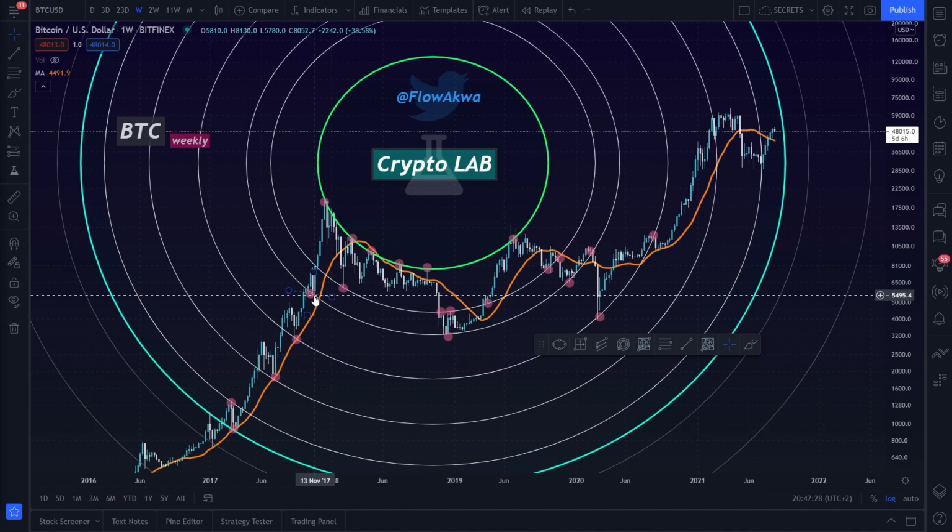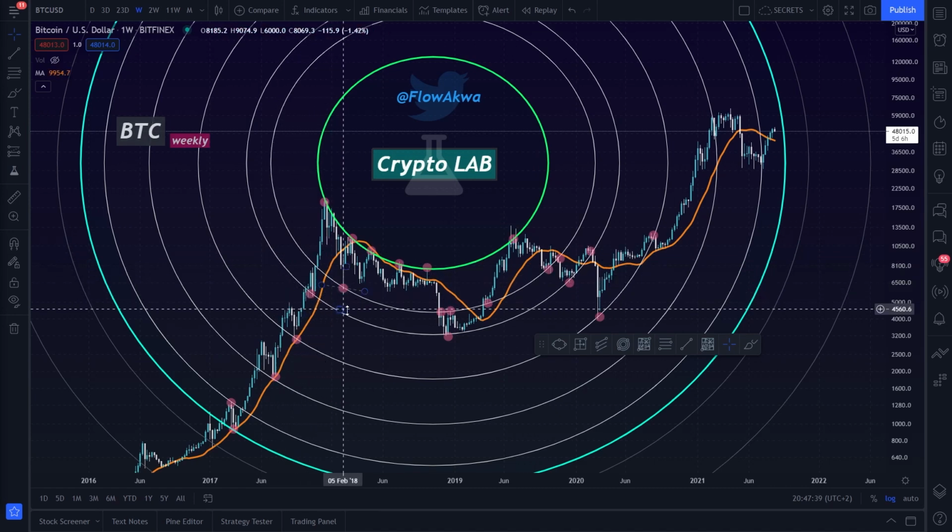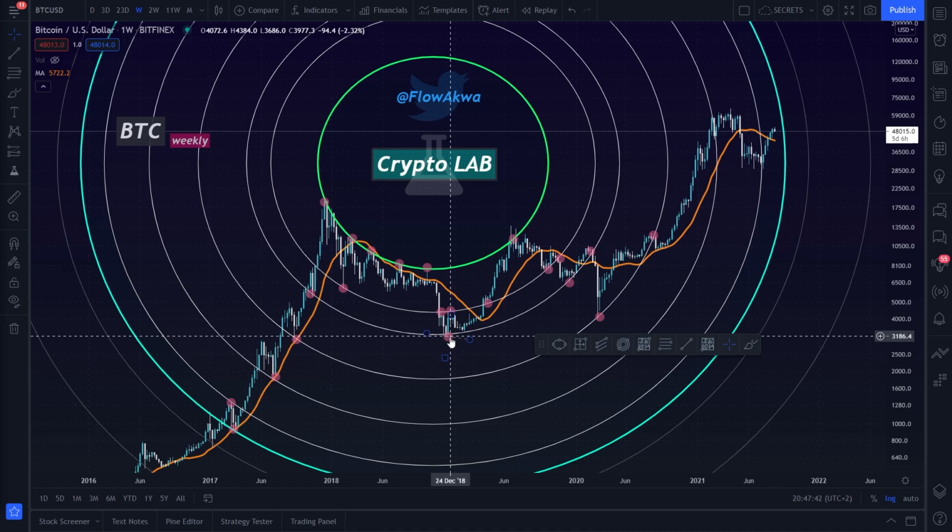You see that Bitcoin touched this line, and then we had a pretty strong move to the upside. So this was a pivot point. And when you have a circle that goes through this, look, in the future, it was the exact bottom of Bitcoin in 2018. Isn't it amazing?